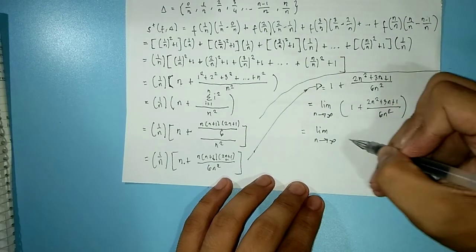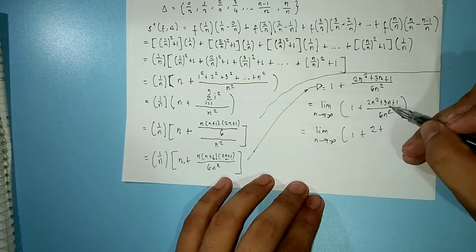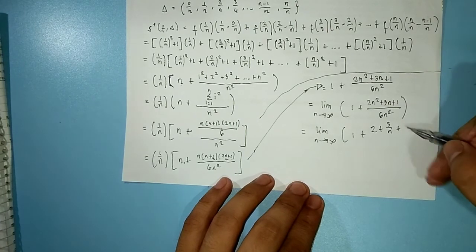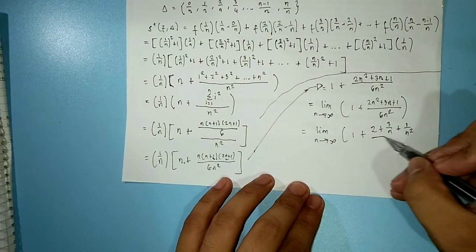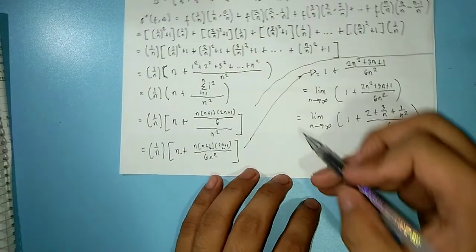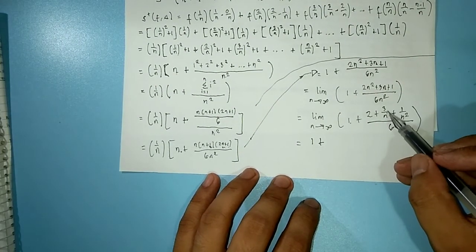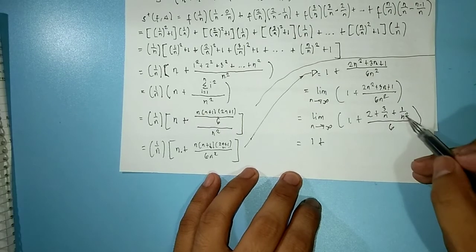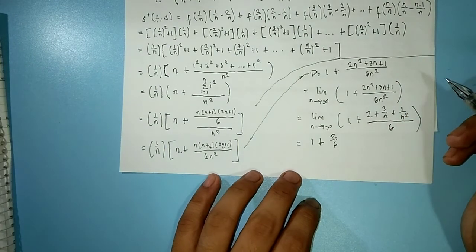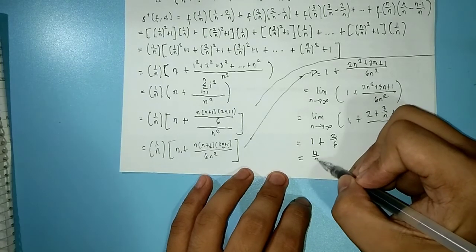Limit as n approaches infinity of 1 plus, we divide by n squared, so this becomes 2 plus 3n divided by n squared, that is 3 over n, plus 1 divided by n squared, that is 1 over n squared, all over, divided by n squared, 6. Then when we apply the limit, this remains 1, plus, applying the limit here, this becomes 0 because 3 over infinity, this also becomes 0. So what remains is 2 over 6, 1 plus 2 over 6, or 1 plus 1/3. So what is 1 plus 2 over 6? That is 4 over 3.